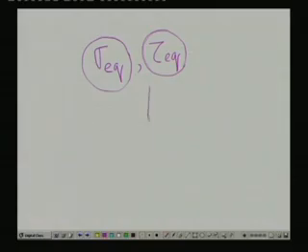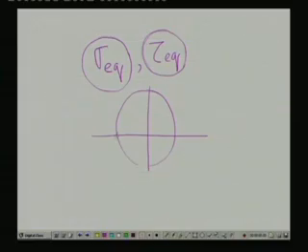Very nicely, from the tau equivalent and sigma equivalent we can draw a Mohr circle, from where we can get the values of sigma 1 and sigma 2.